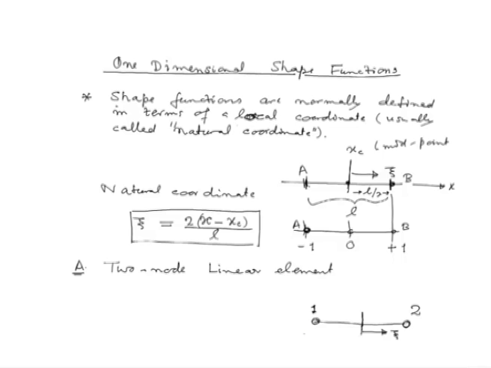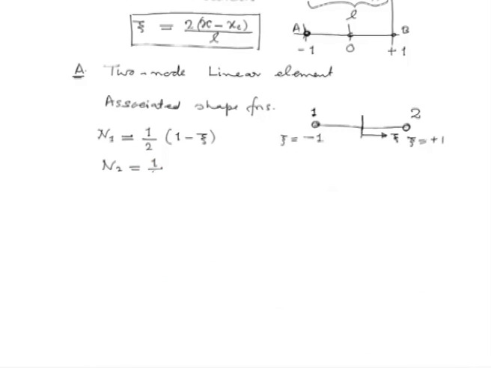Node 1 has got coordinate xi equal to minus 1 and node 2 has got coordinate xi equal to plus 1. And associated shape functions, in this case there will be two shape functions. Shape function N1, the subscript 1 says that this is associated with node 1, is defined as 1 by 2 into 1 minus xi, and N2 is given by 1 by 2 into 1 plus xi.